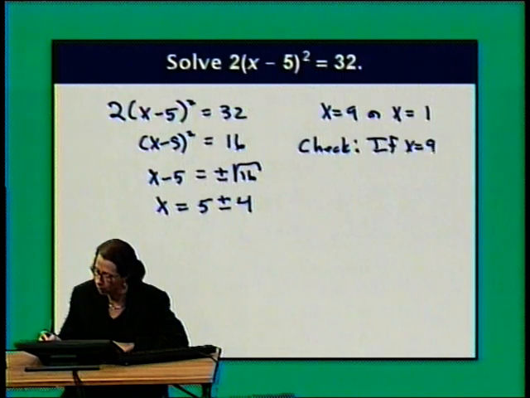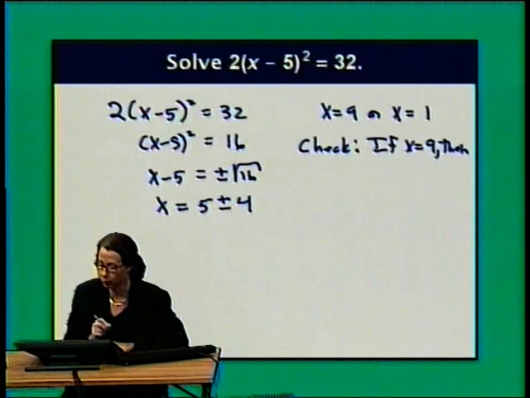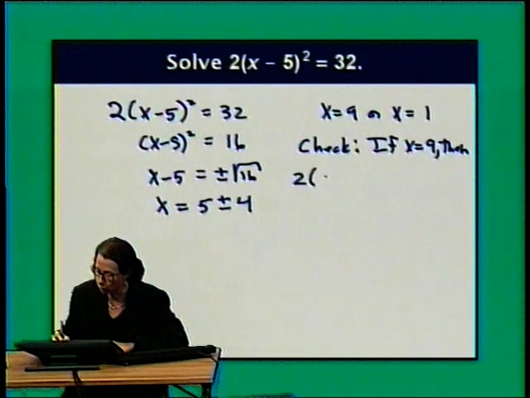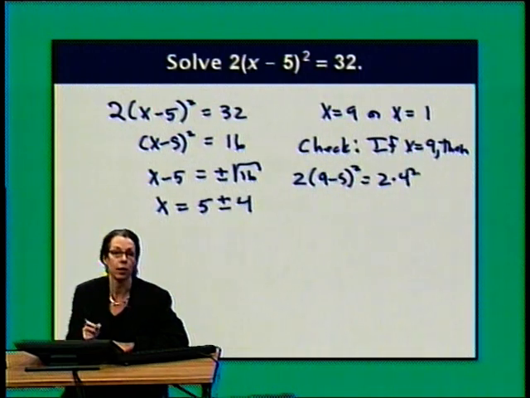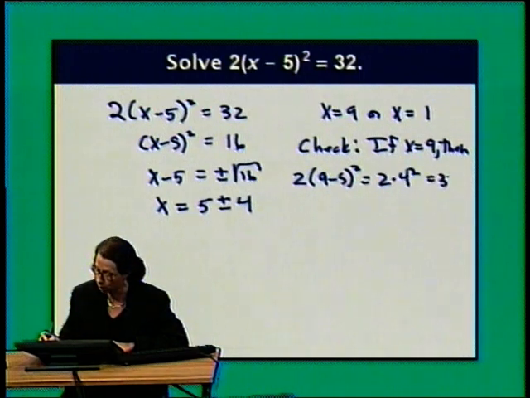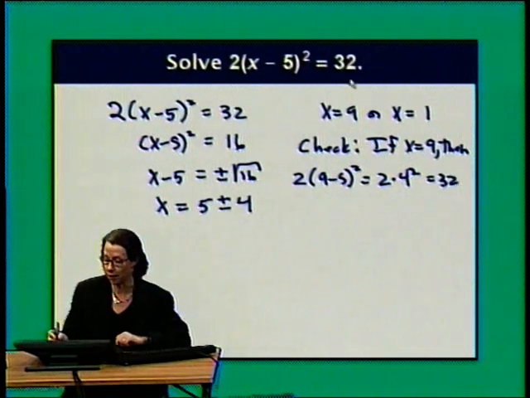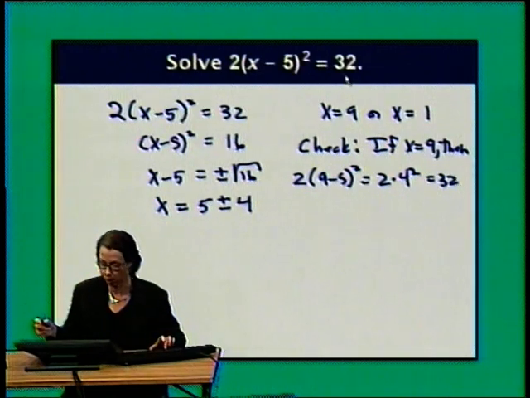So let me perform a check. If x equals 9, I'm going to go back to my original equation, 2 times 9 minus 5 squared. That's 2 times 4 squared, and 2 times 16 is 32. That's indeed what I wanted on the right-hand side.